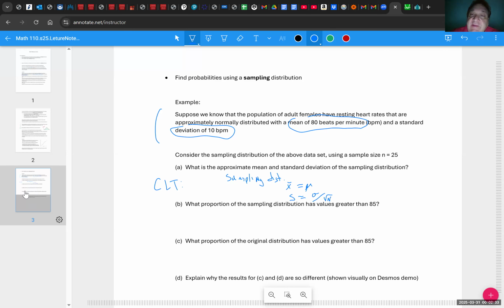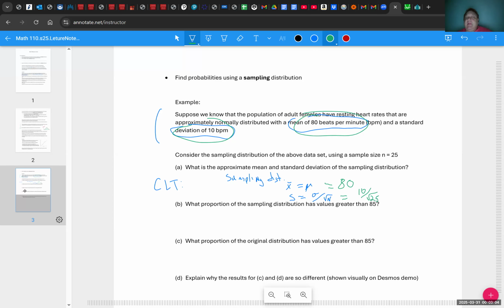All right, so in our case, mu, the mean of the original distribution, is 80 beats per minute. And the standard deviation of our sampling distribution is equal to the standard deviation of our original distribution, which is 10, divided by the square root of the sample size, 25.